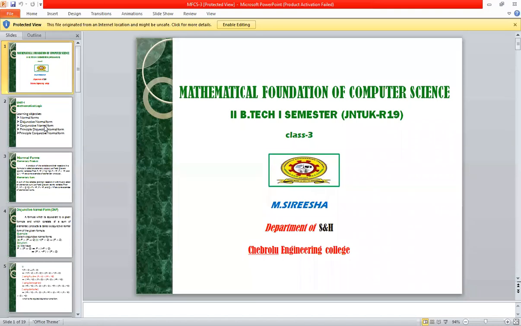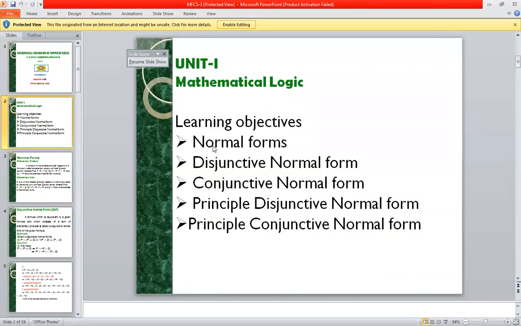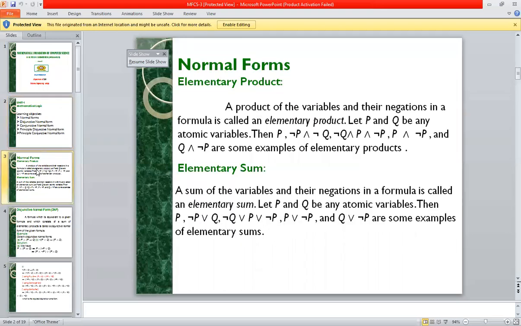Today our topic is normal forms: disjunctive normal form, conjunctive normal form, principal disjunctive normal form, principal conjunctive normal form. So what are normal forms?